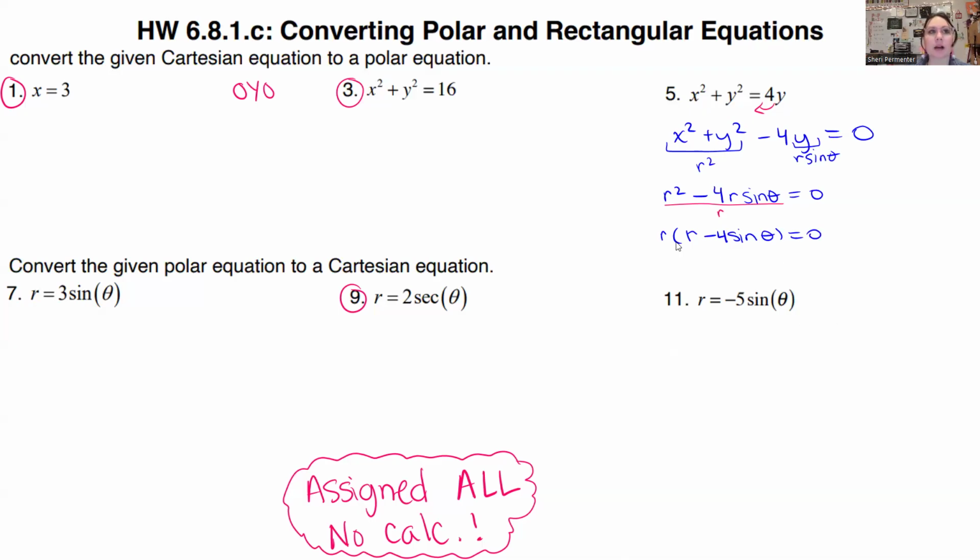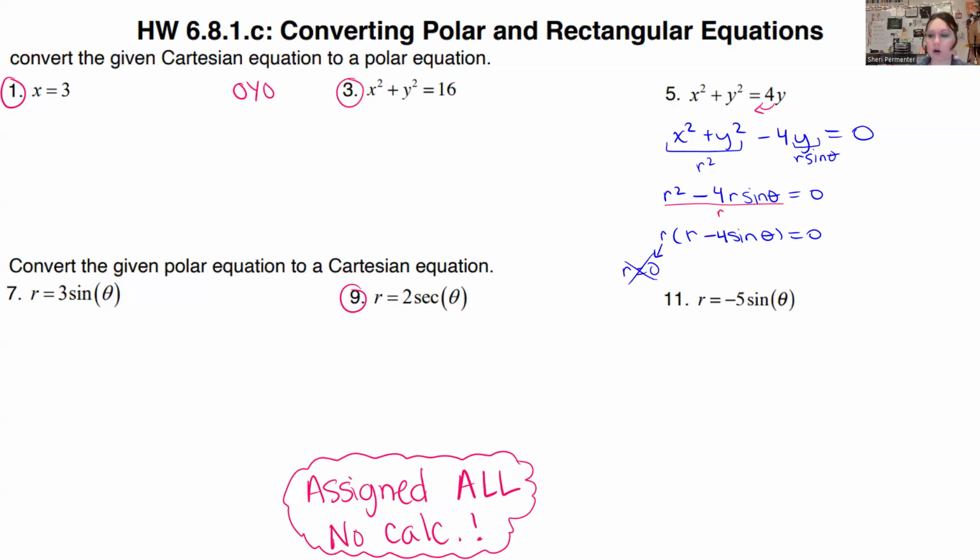And then from here, I've got 2 terms that are being multiplied and they're equal to 0, so I can split them and set them both equal to 0. What do I get when I put r equal to 0? Nothing. So out this side, r equals 0. That doesn't produce anything. So out the other side, I'm going to have r minus 4 sine theta equals 0.